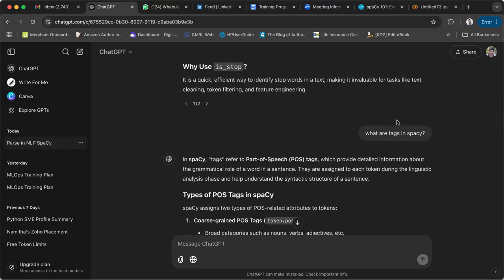Hash tables are much more efficient than temporary storage. Even if you consider cloud technology, or your own laptop, RAM should be there. So in that RAM, only these three things, "what," "tags," "spaCy," will get stored temporarily.